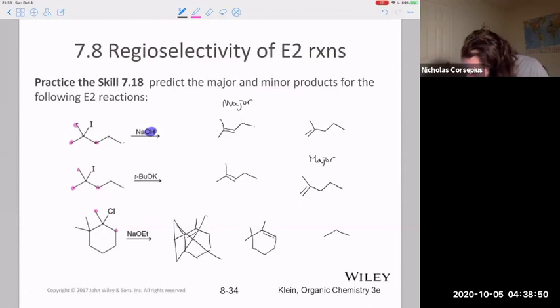So then I have these 2 other products to consider. And in this case, because I don't have a bulky base, I have a normal base, my major product will be the one that forms the more highly substituted alkene.